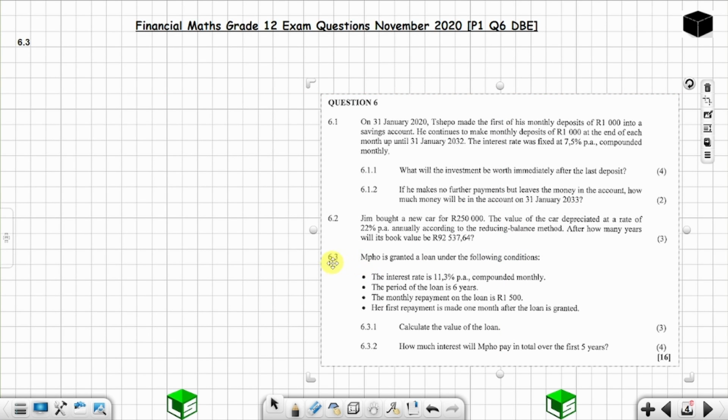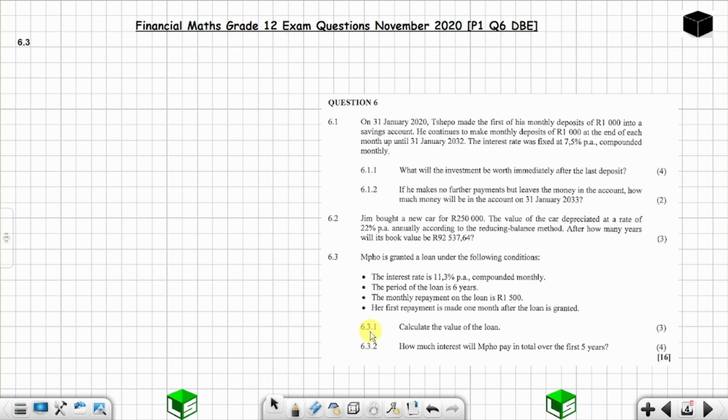Mpo is granted a loan under the following conditions. The interest rate is 11.3% per annum compounded monthly. The period of the loan is 6 years. The monthly repayment on the loan is 1,500. A first repayment is made 1 month after the loan is granted.